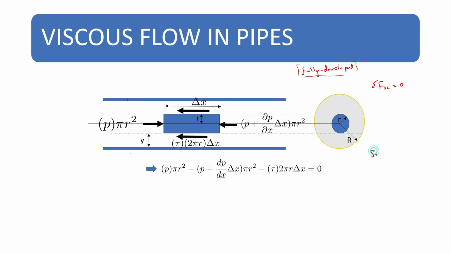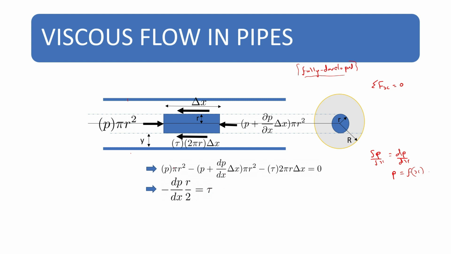Here dou P by dou x can be written as dP by dx because pressure is a function of x only. It depends only on one variable. So the partial differentiation can be converted into full differentiation, that is dP by dx. On simplifying this equation, you will get minus dP by dx into small r by 2 is equal to tau.